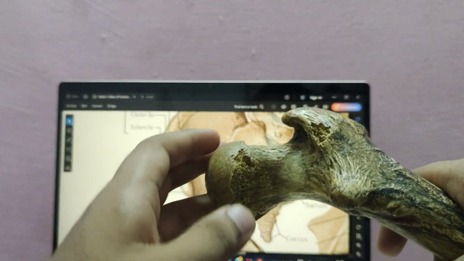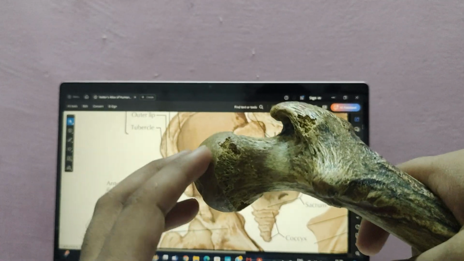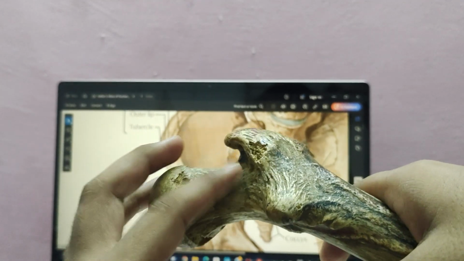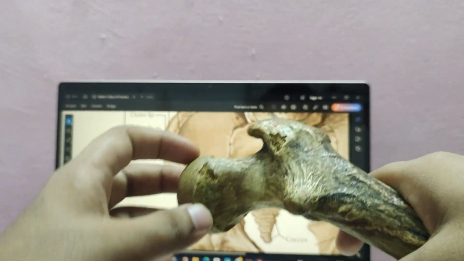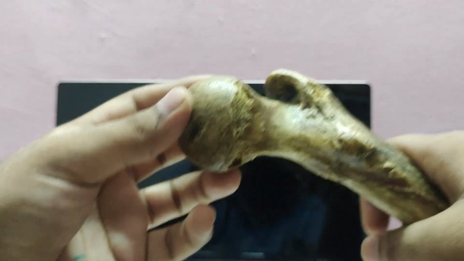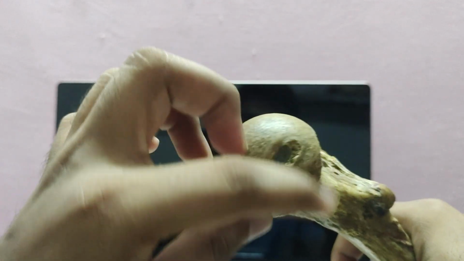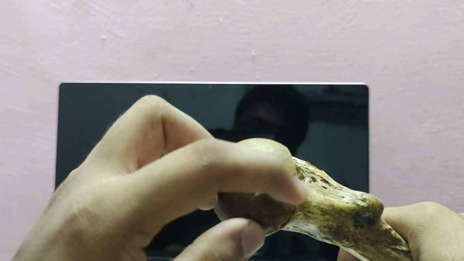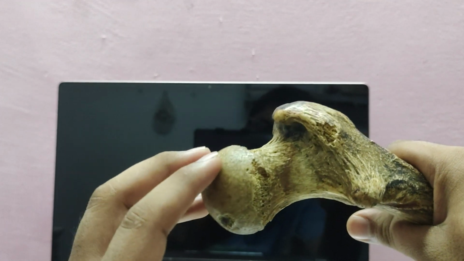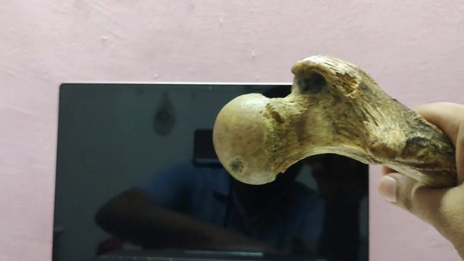When the femur ossifies, it contains three ossification centers: one of the greater trochanter, the lesser trochanter, and the neck of the femur, and this is the head of the femur. The smooth surface marks the articular surface of the femur, because it contains almost half of the circle inside the hip bone.